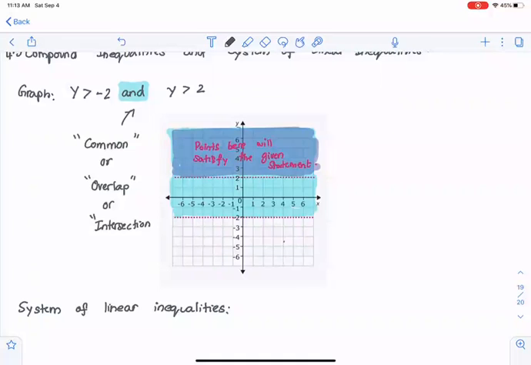Y greater than -2, y greater than 2, those two will form a system of linear inequality, also because we drew two different horizontal lines. But didn't have the mx plus b form, so I just called it a compound inequality.